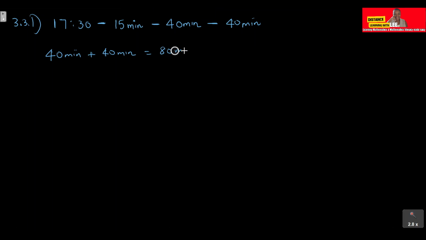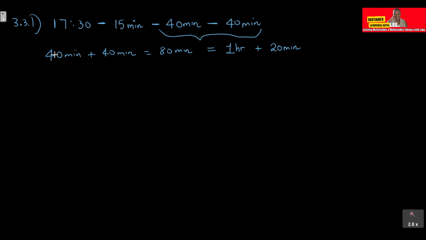If you know that 60 minutes is equal to an hour, that tells us this is 1 hour, because it's 60, 70, 80, and you've got 20 minutes. So I'm going to be subtracting 1 hour and 20 minutes.